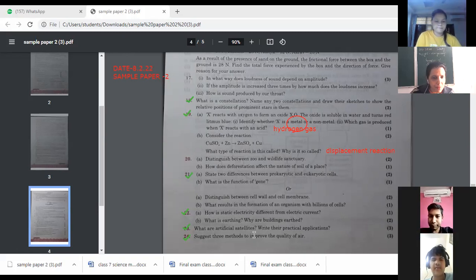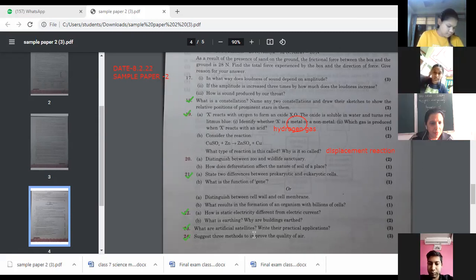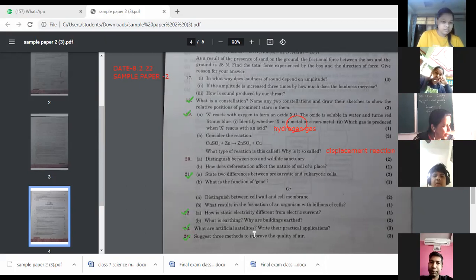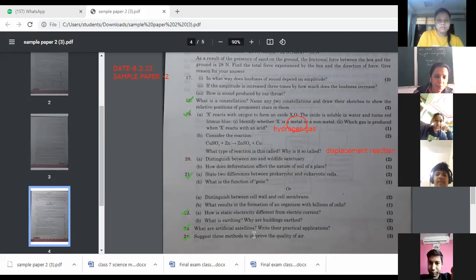Can I have the examples of any of these prokaryotes or eukaryotes? Bacteria and blue green algae. Blue green algae and bacteria are the examples of the prokaryotes, and all the rest of the organisms fall into the eukaryotic cells. Okay.